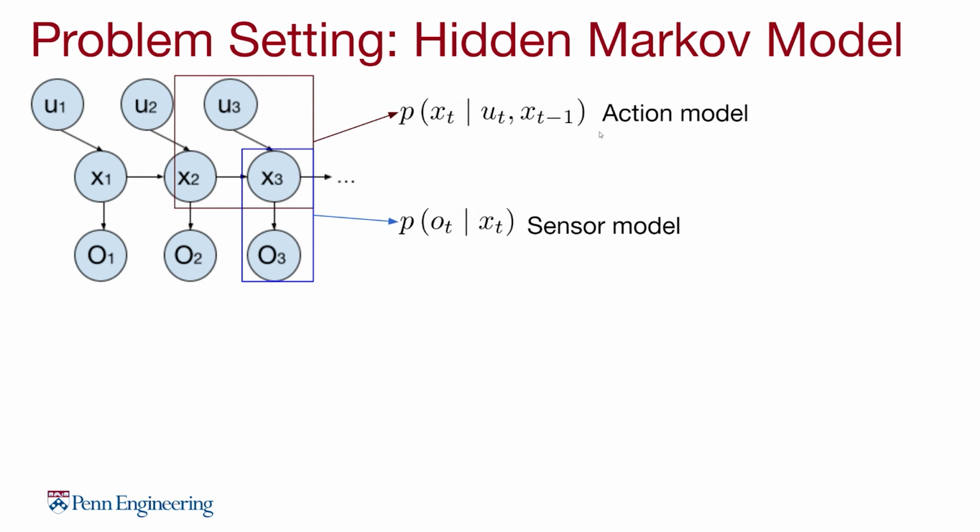The action model describes how, given the previous state and the current control input, we can get the next state of the system. Basically, it is just what we do for dead reckoning. Another model we have is the sensor model, which is the likelihood of the sensor.